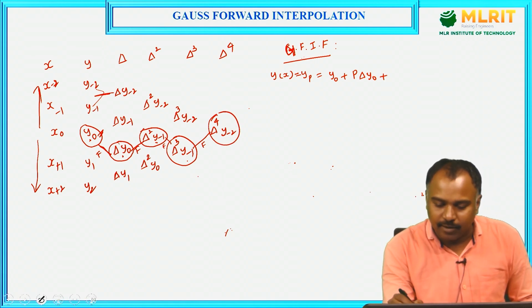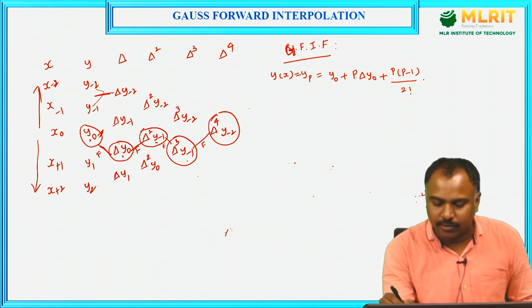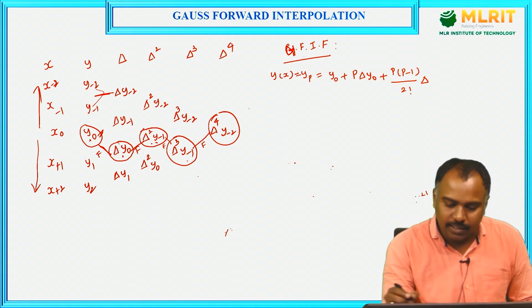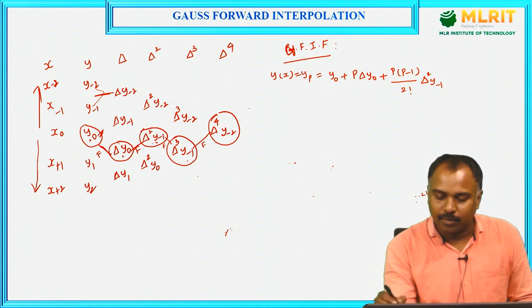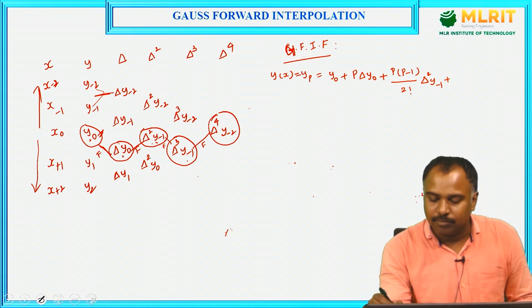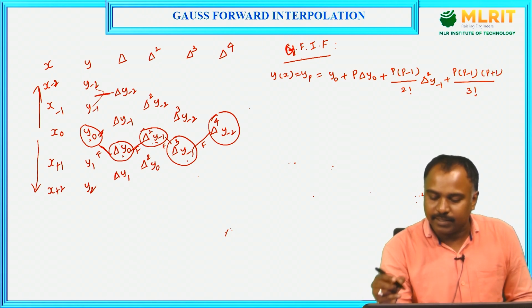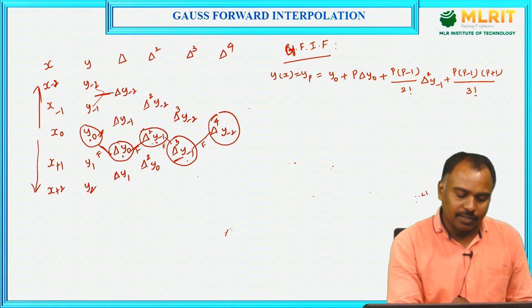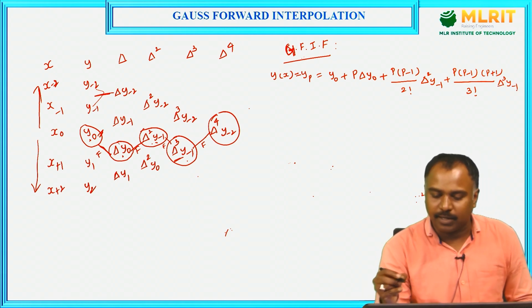Since it is forward, the next term is p into p minus 1 by 2 factorial, delta square y minus 1. Then plus p into p minus 1, now p plus 1 is increased, by 3 factorial. It is the third term, 3 factorial, and the third order is delta cube y minus 1.